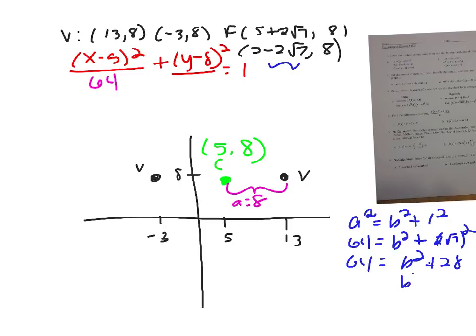Minus 28 from both sides. 64 minus 28 is 36. So that's b squared, and that's going to go underneath the y value. It does say to graph it, so we need to go for the other vertices up, down 6 units. So up 6 units puts me at 14, and down 6 units puts me at 2. So these are the other vertices here. And your ellipse will look like this.